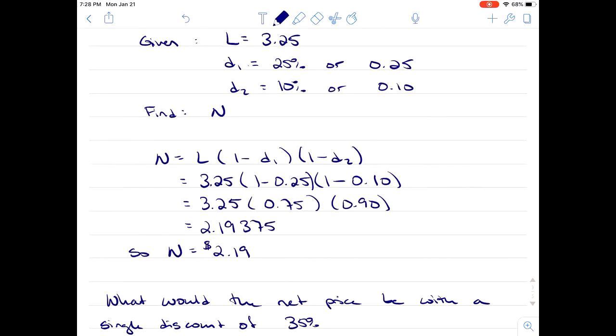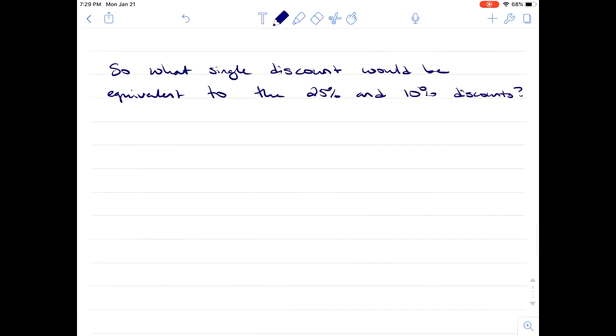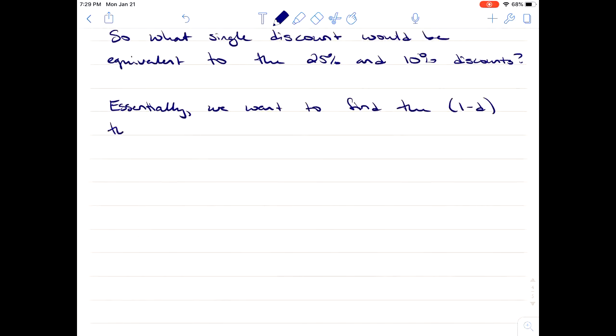And so we want to find the 1 minus d that can replace 1 minus d1 times 1 minus d2.